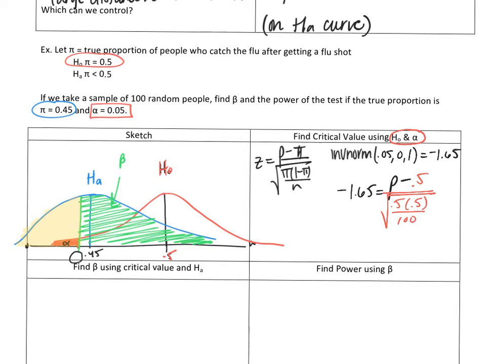And when you crank this out, p equals 0.418, which makes sense according to our drawing, that p is equal to 0.418. So this critical value, or this boundary line, is 0.418.